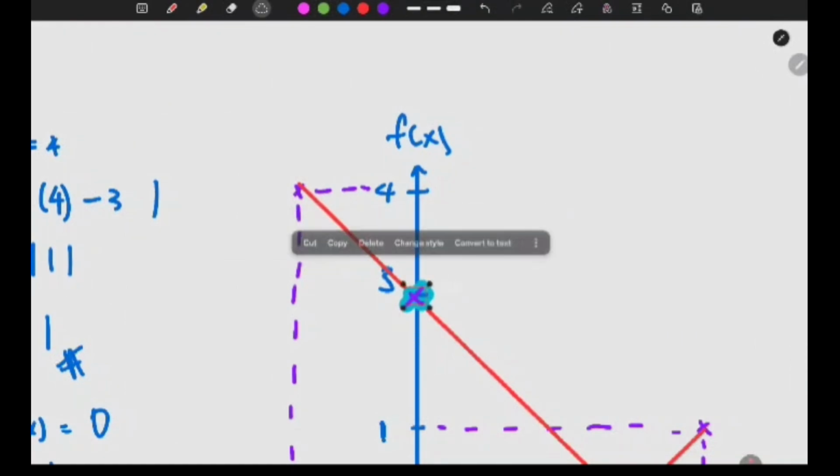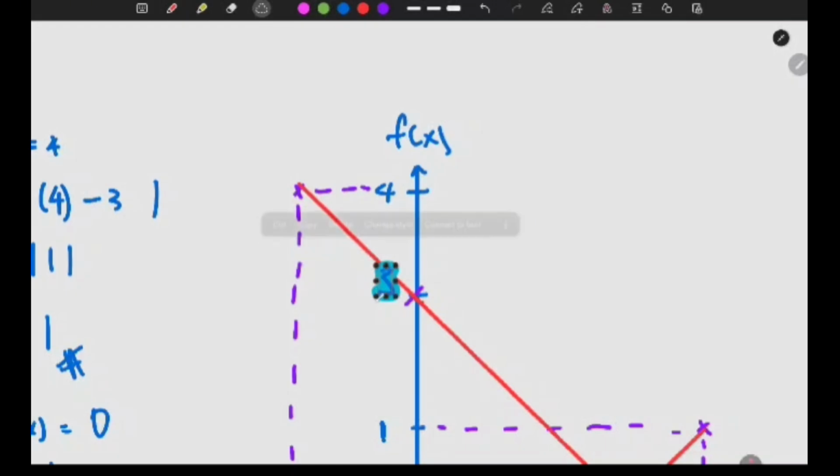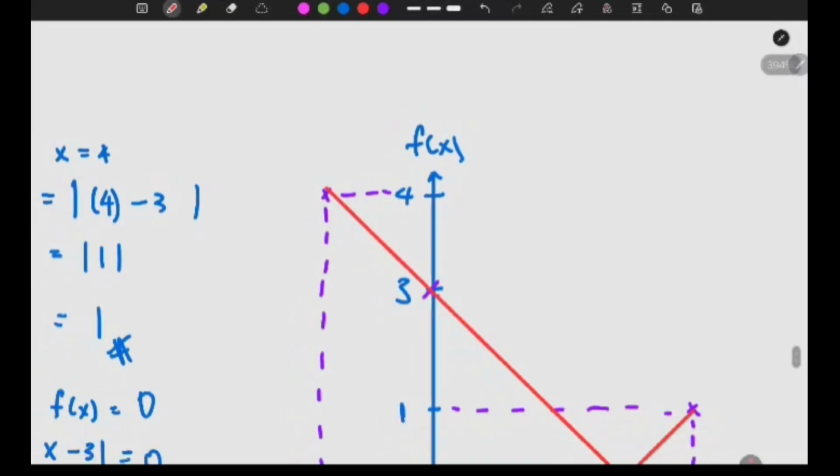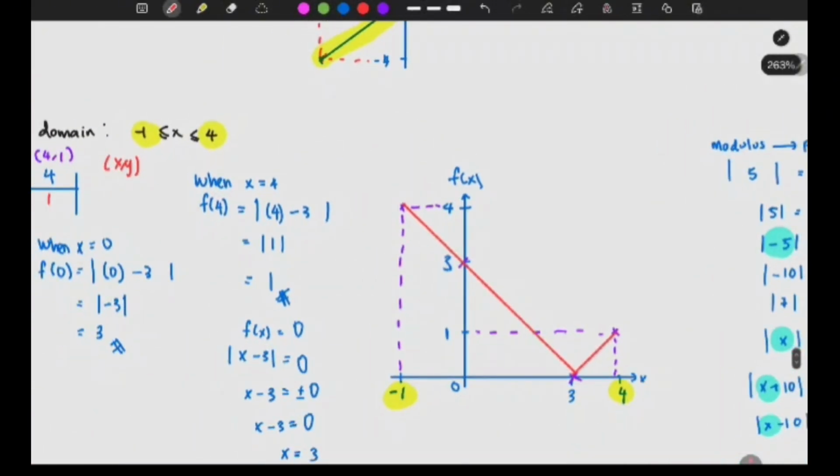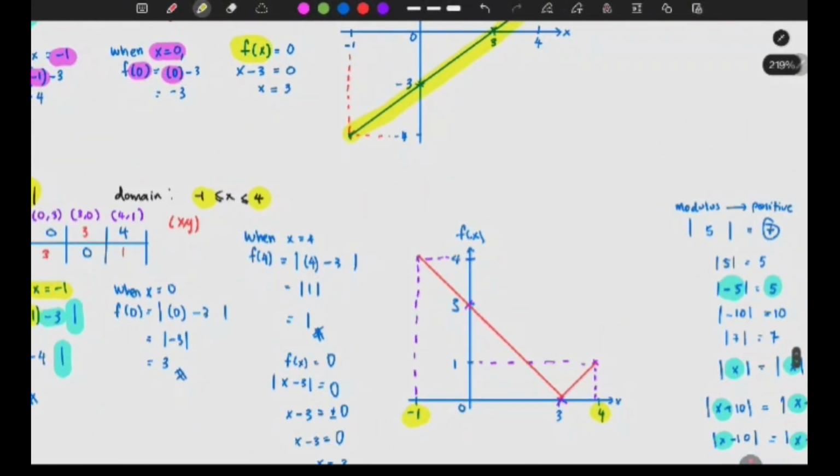Now it looks better. So what is the difference? You didn't get a straight line, isn't it?